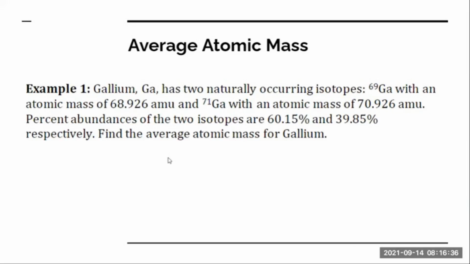The percent abundances of the two isotopes are 60.15% and 39.85% respectively. So find the average atomic mass for gallium.